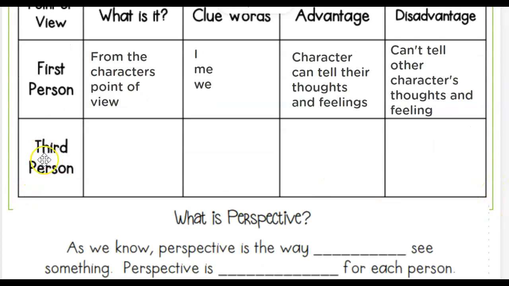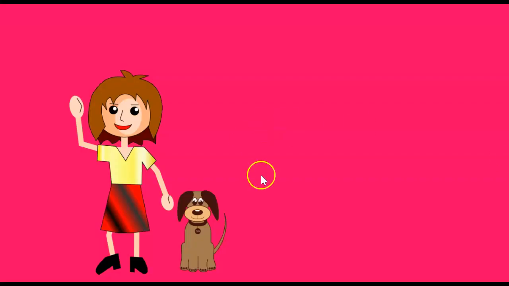And we're going to move on to third person. Now, like we looked at previously, third person is when we zoom out and we are taking a look at the story from the author's or the narrator's perspective.